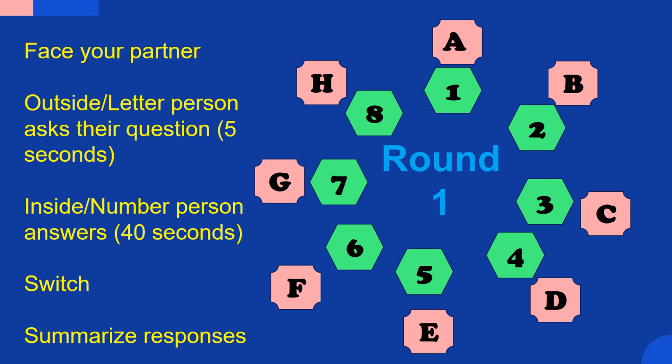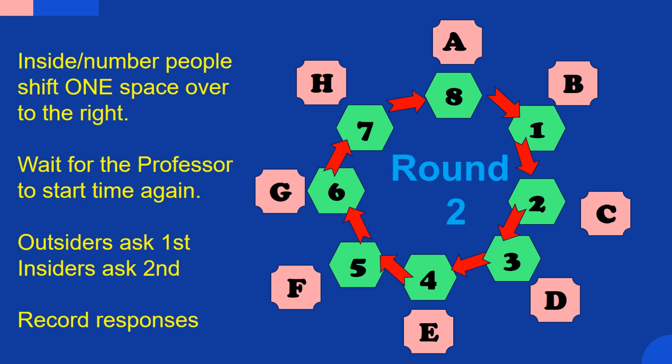Let's see what is different about the diagram on round 2 when the inside people shift one space over. See how this works? A used to be matched with 1, but now 1 shifted over to hang out with B, and A will talk to 8. Same things.